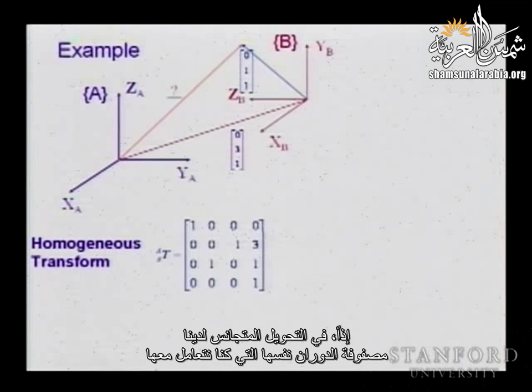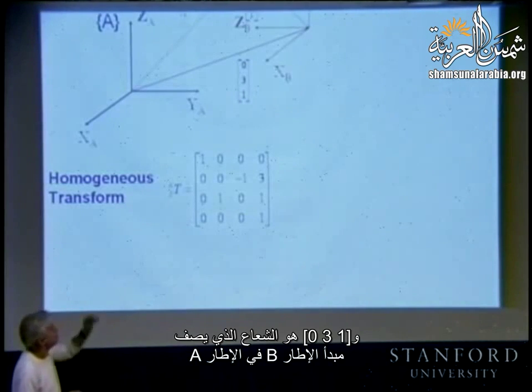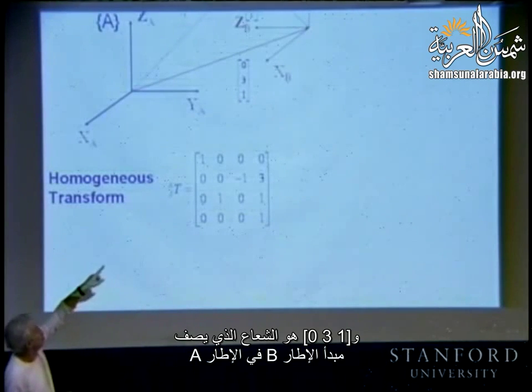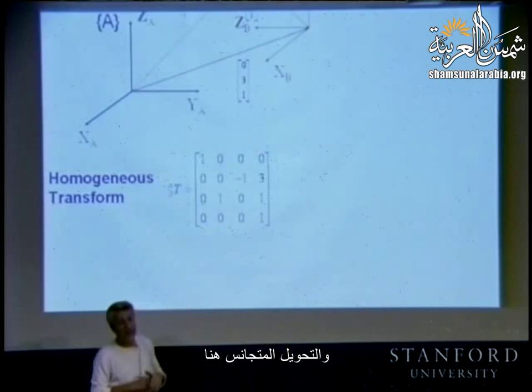So the homogeneous transformation is the same rotation matrix as before, and 0, 3, 1 is the vector describing the origin of frame B in frame A. And your homogeneous transformation is here.